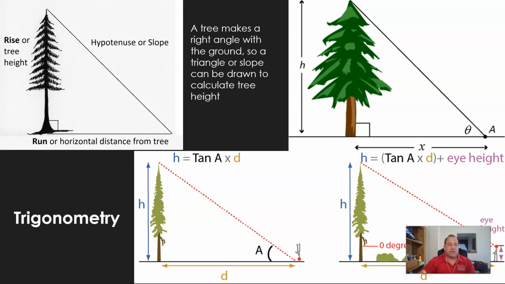Now we're going to adjust it slightly to make it work to get the whole tree, and even using slope, where maybe we're going to be downhill or uphill from the tree, to make sure that we're getting the right value. But we're taking this basic formula and figuring it out from there.